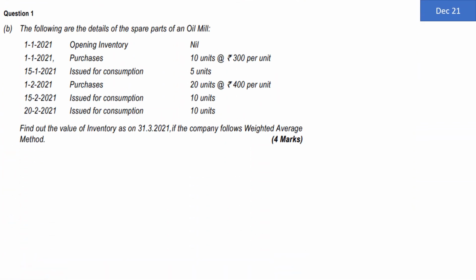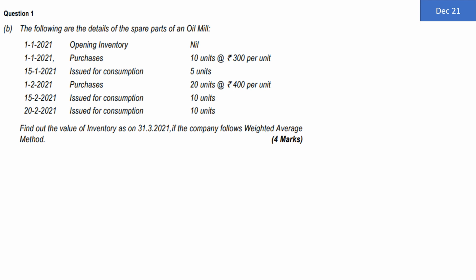Question number 1B. The following are the details of spare parts of an oil mill. 1/1/2021 opening inventory nil. 1/1/2021 purchases 10 units at rupees 300 per unit. 15/1/2021 issued for consumption 5 units. 1/2/2021 purchases 20 units at rupees 400 per unit. 15/2/2021 issued for consumption 10 units, and 20/2/2021 issued for consumption 10 units.